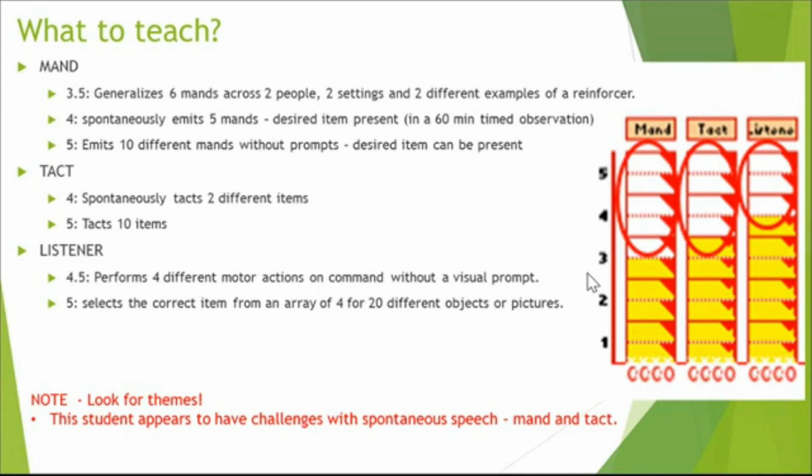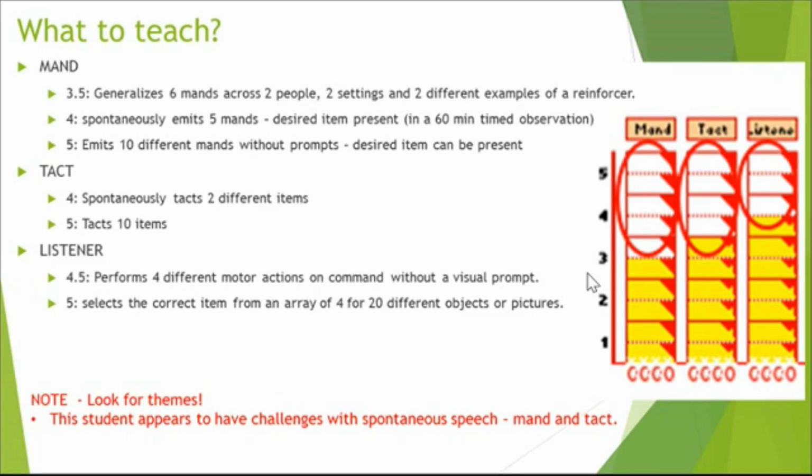So maybe we could use some model prompts, because the learner is able to imitate, they are able to follow a model prompt to teach some listener skills. So a quick visual analysis tells us a few important things about this learner and about where we are going to head next.